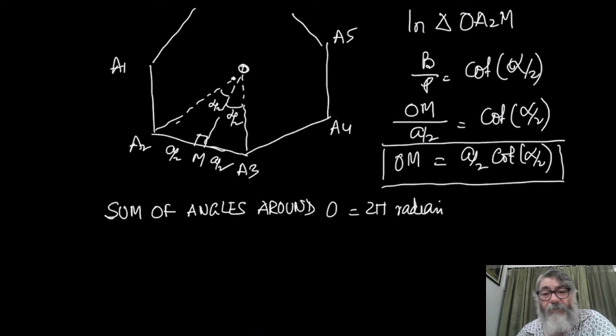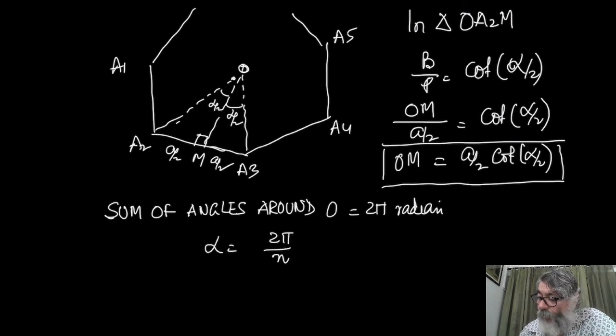And it has got how many sides? It is an n-sided polygon. So the angle alpha will be 2 pi divided by n, because all these angles will be equal.